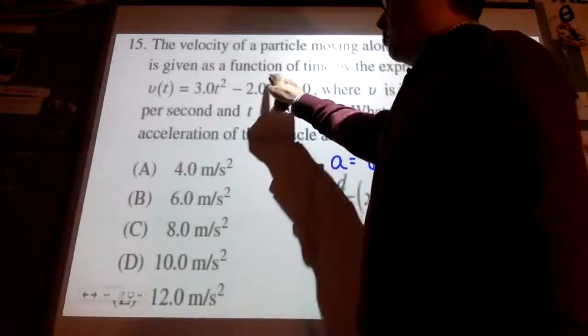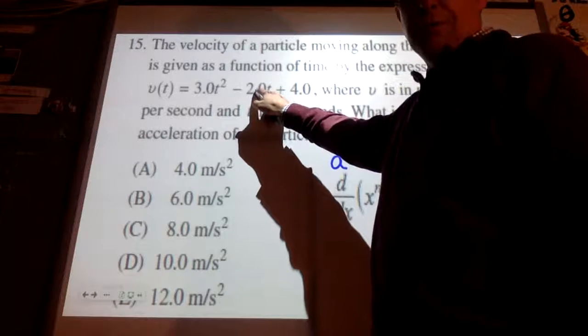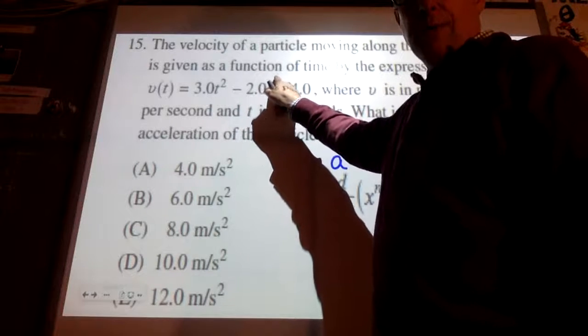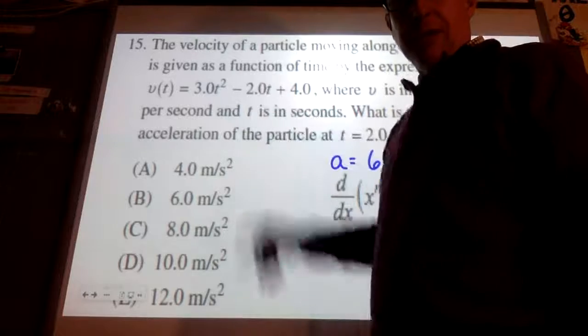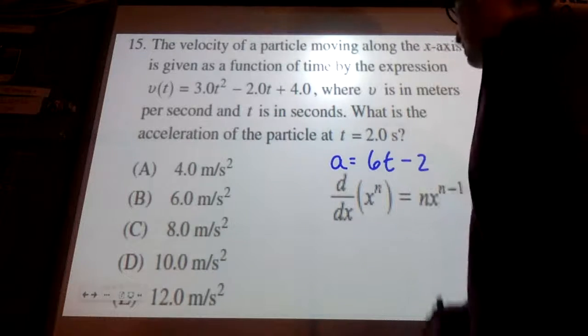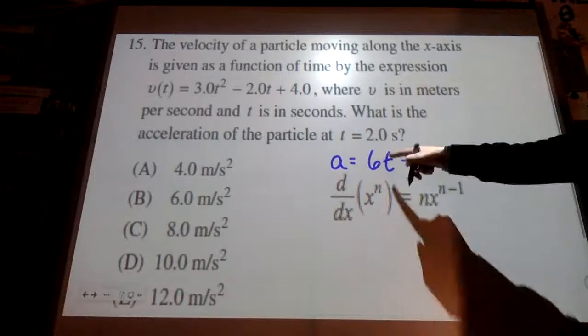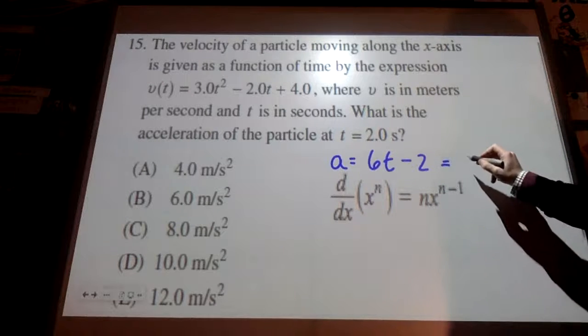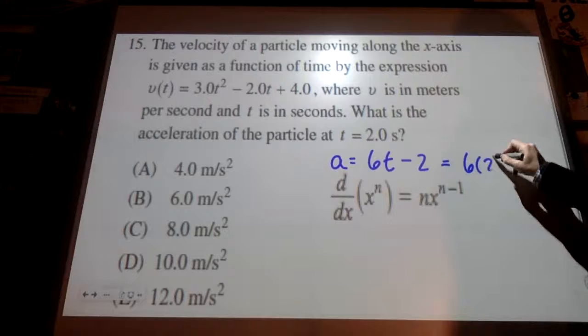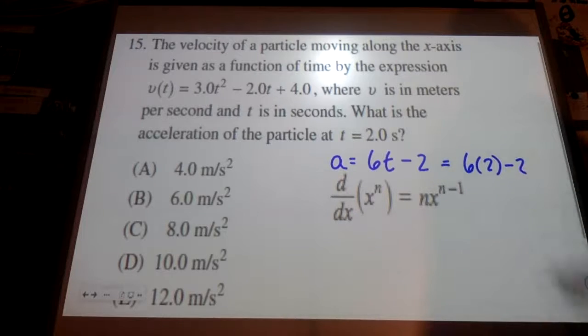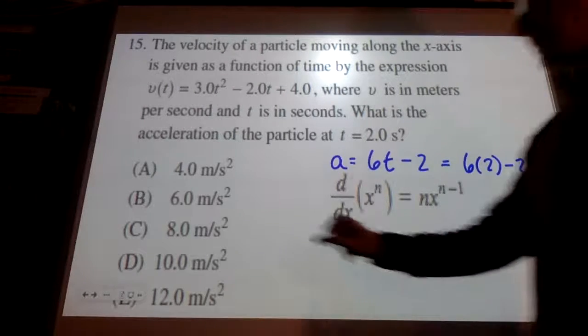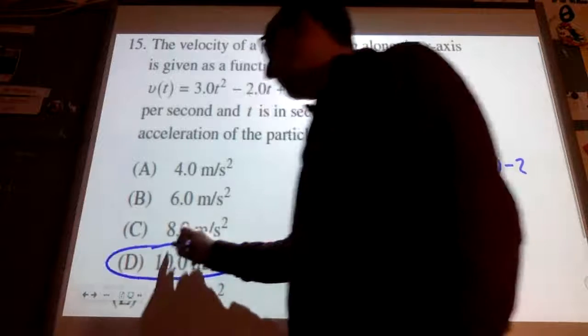So t to the first, so 1 times 2 would be 2, and then 1 minus 1 would be 0. T to the 0 is just 1, and then the derivative of this would be 0. So our acceleration would be 6t minus 2, and this would be 6 times 2 minus 2, which would give me a choice of d.